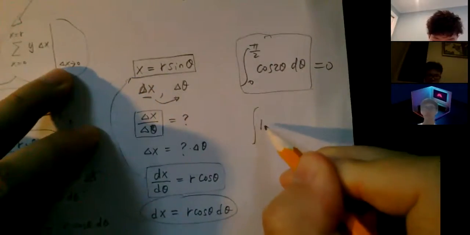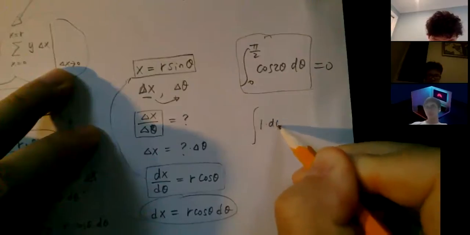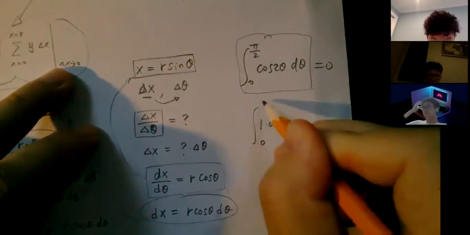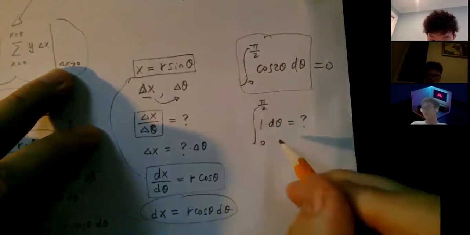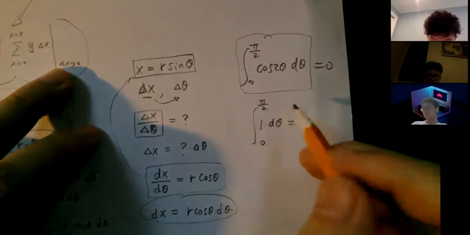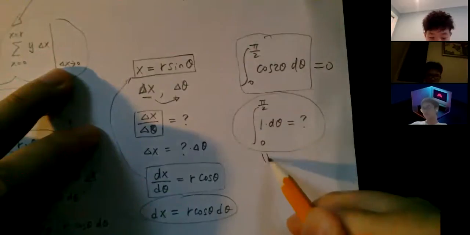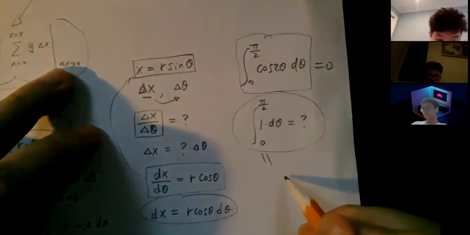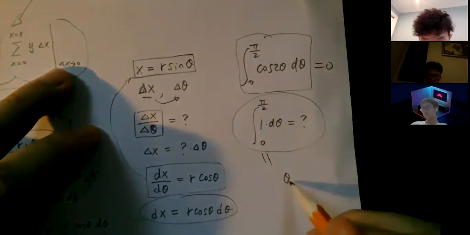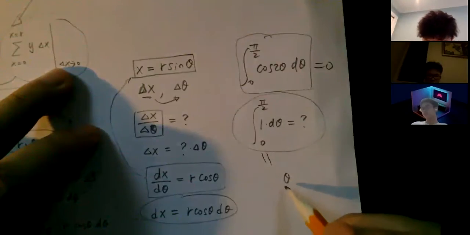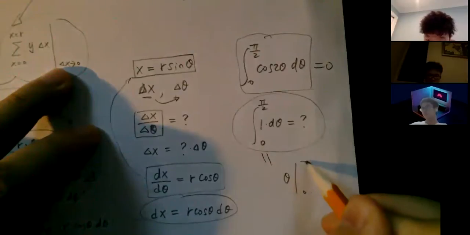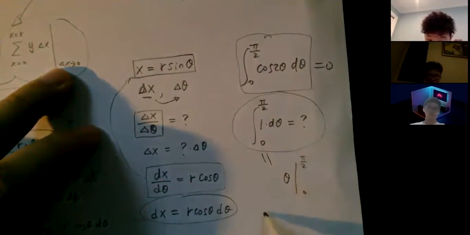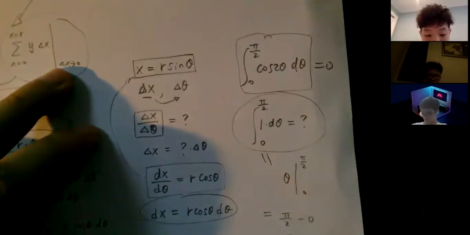One is 1 times d theta from 0 to pi over 2. What does this equal? We know this guy's integral equals theta, because theta's derivative is 1. So this becomes from 0 to pi over 2, which means pi over 2 minus 0 equals pi over 2.